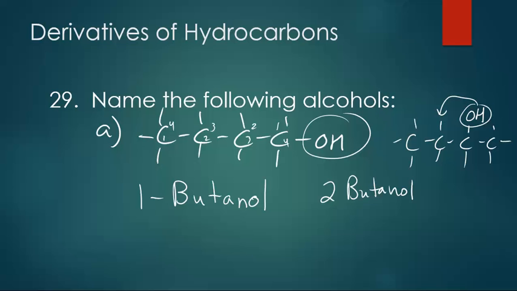Oh, yeah. Okay, let me give you a clue. We've exhausted what we can do with the OH. You could move it like this. What if we were to cut that? 2 propanol.